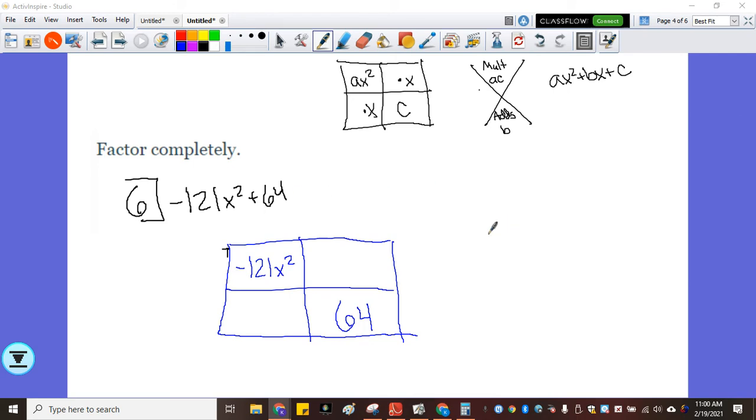Okay. What multiplies to AC, and we can identify A, B, C. That's what I should be doing every time.